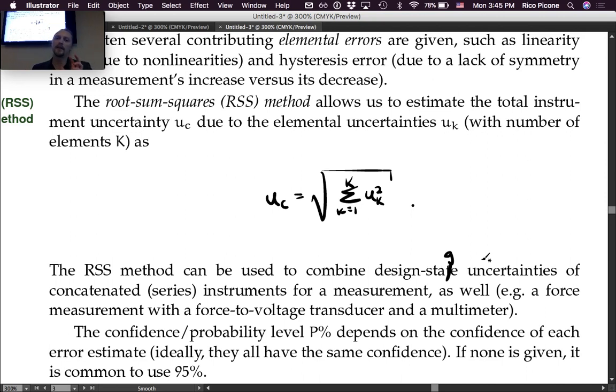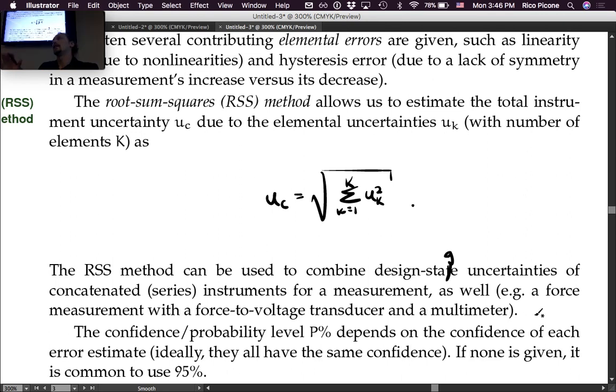Within the device you might have the linearity and then the hysteresis errors, and you can combine them using this formula. But you can also combine the design stage uncertainties for an entire device with another device if their measurements are taken in concatenation. So, for instance, a force measurement with a force to voltage transducer and a multimeter. That would be an example.